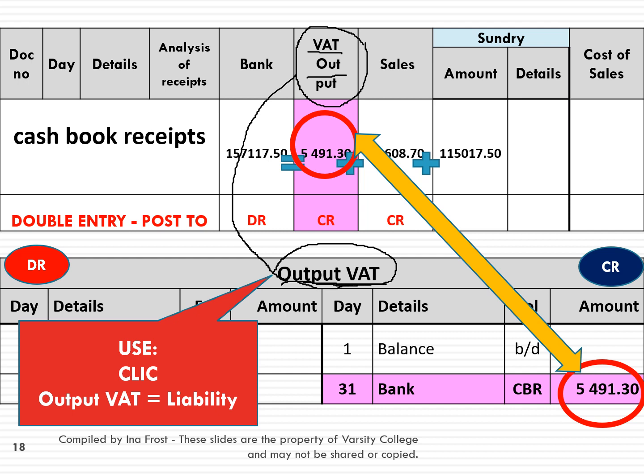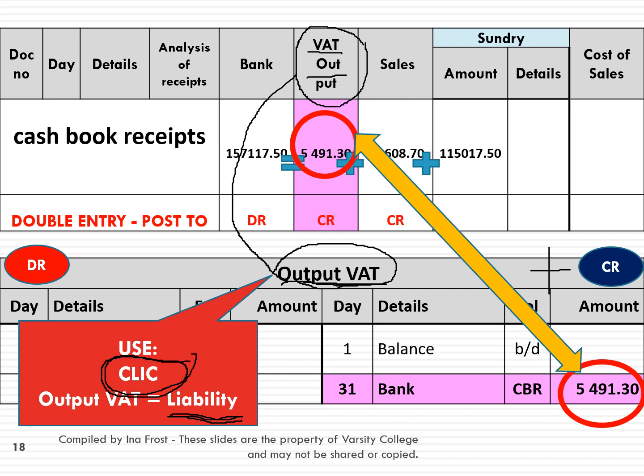Okay, so that's your first thing to make sure you are posting to the correct column. Now, output VAT is a liability for the business because remember, that's what we owe the receiver of revenue. So for that reason, we are going to use credit. And with credit, it means that this account increases on the credit side. So you can see I'm now posting to the credit side of the output VAT account.